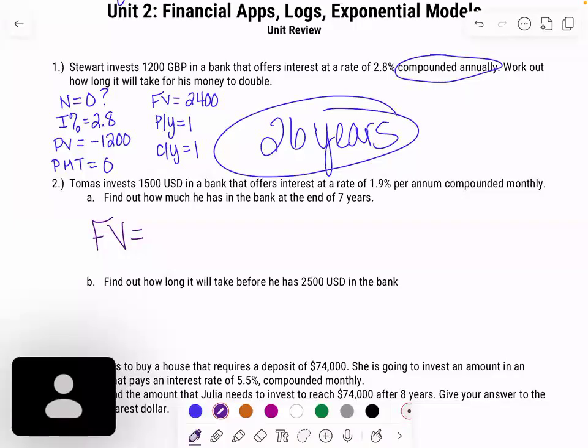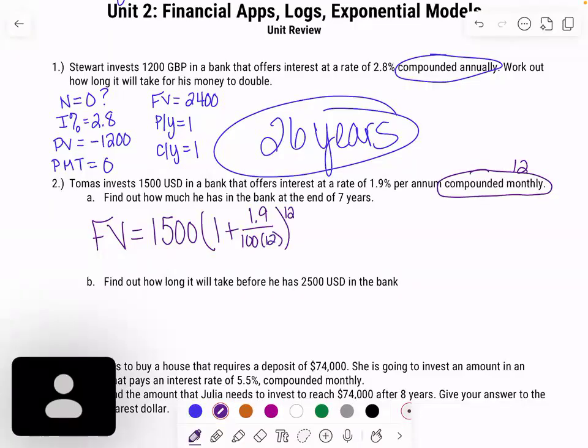So it's the future value equals the present value, which is 1,500, times 1 plus the interest rate divided by 100 times K, where K is how often it's compounded, which in this case is monthly, so we're going to do times 12, to the K times T. All right, so that's your future value formula that's available on your formula sheet.